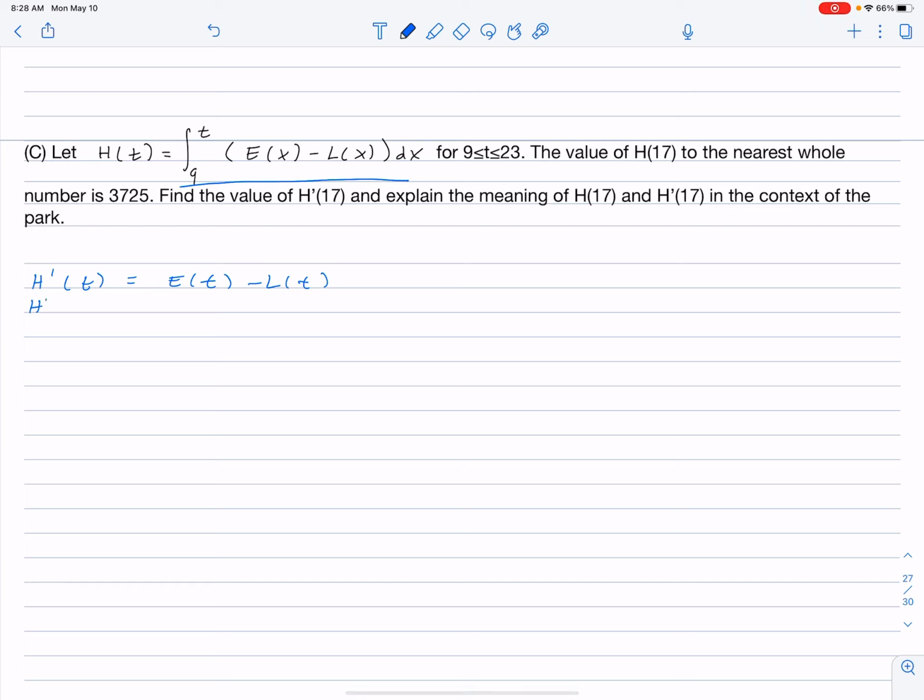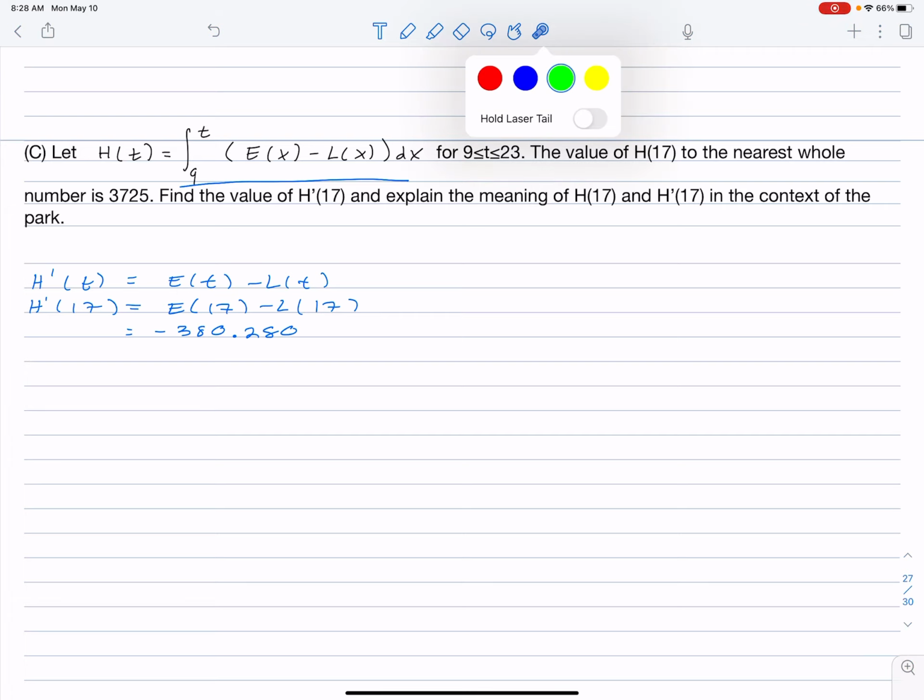So h prime of 17 is going to be the e function evaluated at 17 minus the L function evaluated at 17. Plugging that into my calculator, again, our calculators can solve that fine, I get this. Also, think about your units here, right? Think about what this represents in the context of this problem.